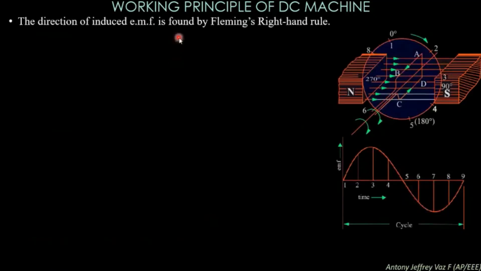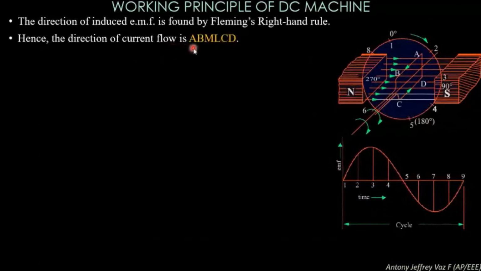The direction of induced EMF is found by Fleming's right hand rule. So if you apply Fleming's right hand rule, the direction of induced EMF can be found. Hence, the direction of current flow is along AB, ML, CD.